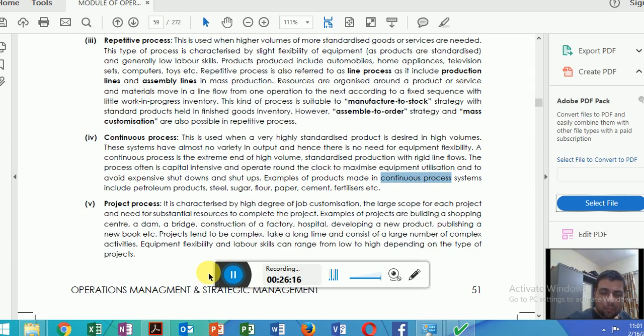There are n number of examples which come under the project process, which are buildings, shopping centers, dams, hospitals, etc. The next thing to consider is that the equipment used in making those projects, or the labor used, should be flexible in nature. Why flexible in nature?